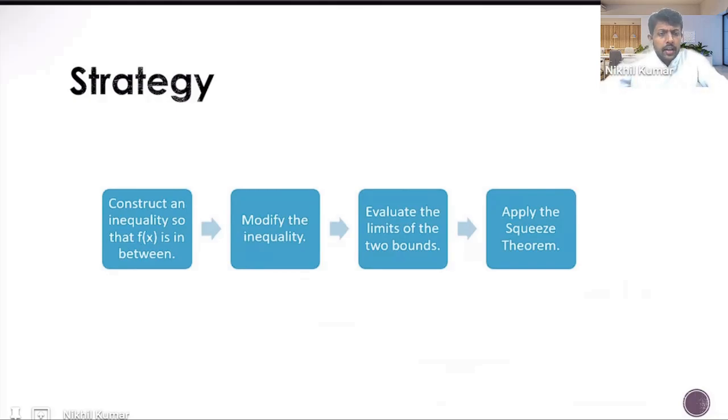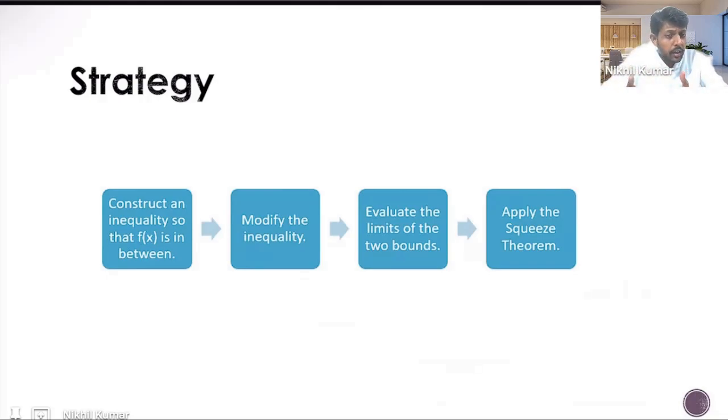So here's a strategy on how to use the squeeze theorem or the sandwich theorem. The first thing you do is you construct an inequality like we did. Sine theta always lies between minus 1 and plus 1. That was an inequality we constructed. Something similar to that. So the first step you do is you construct an inequality from somewhere. Okay, look at the function.